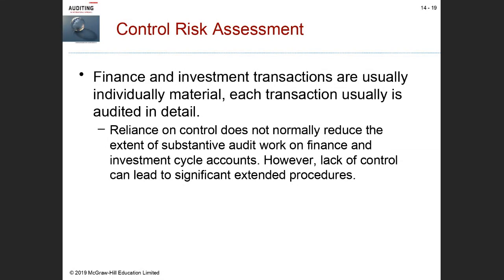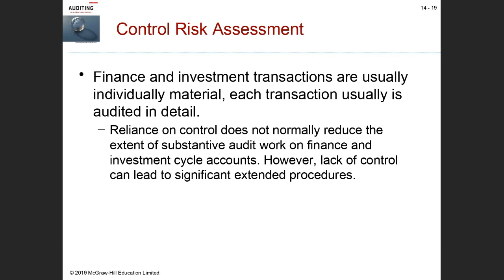But again, we have to think about what's the nature of the activities. As is referred to again in this PowerPoint, it says finance and investment transactions are usually individually material, right? Each one is material. Well, what are auditors concerned about? Auditors want to ensure the financial statements are presented fairly in all material aspects.